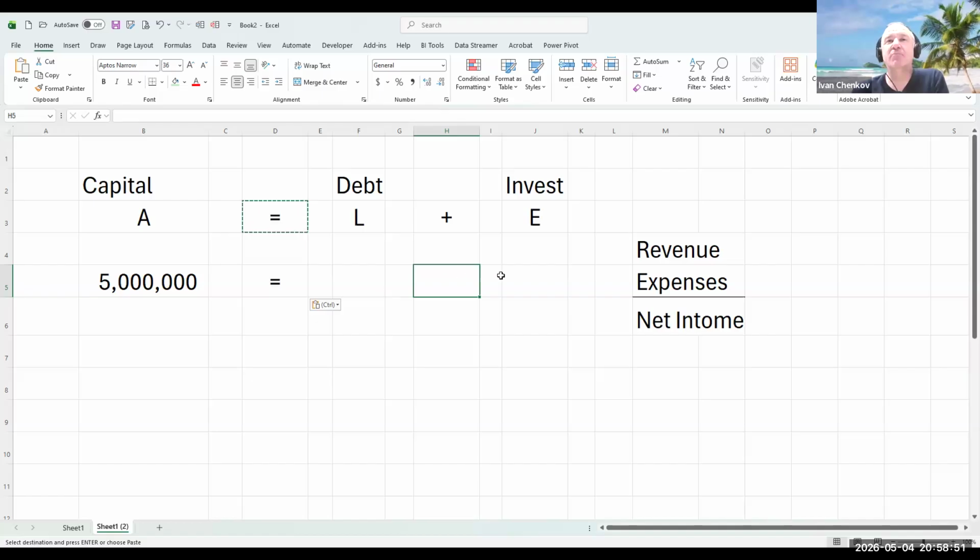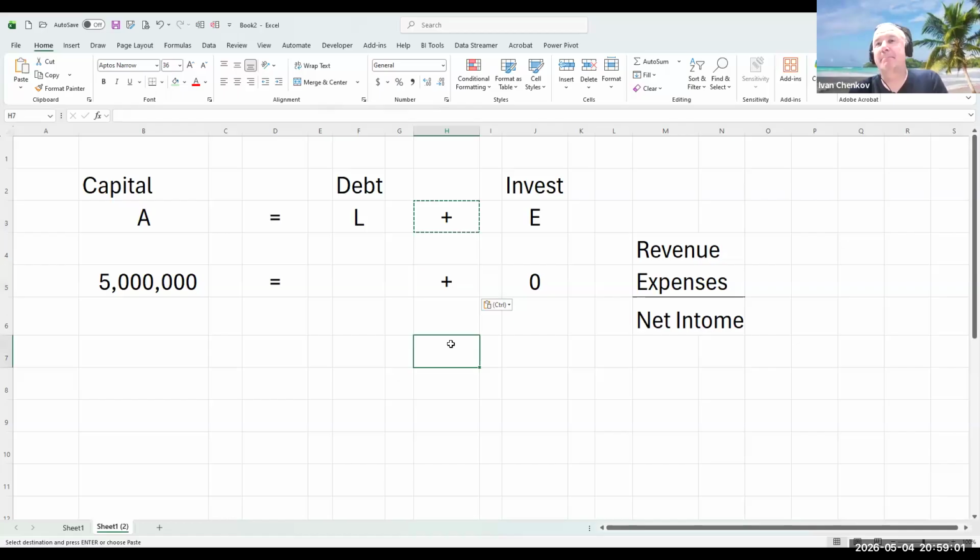If I put zero down payment, how much mortgage is the bank going to give me? Hmm? What do you think? If I say I don't have money, the bank's going to give me nothing. So nothing plus nothing is equal to $5 million.